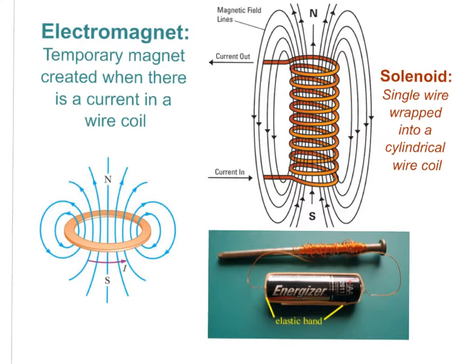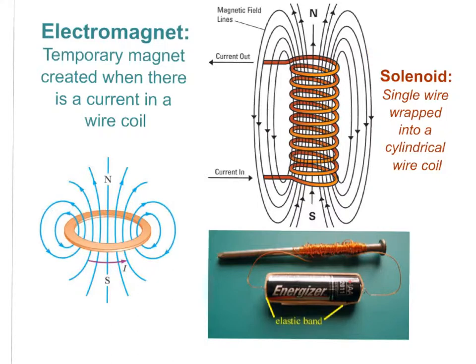So the properties of an electromagnet are just like any other magnets when there is current in this solenoid. When the current is flowing through here, this electromagnet has a north pole and the other end is a south pole. If it's placed in a magnetic field, it will align itself along the magnetic field lines. An electromagnet will also exert a magnetic force on other magnetic materials and other magnets.